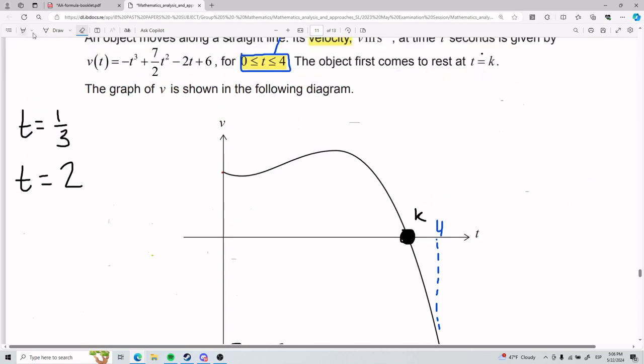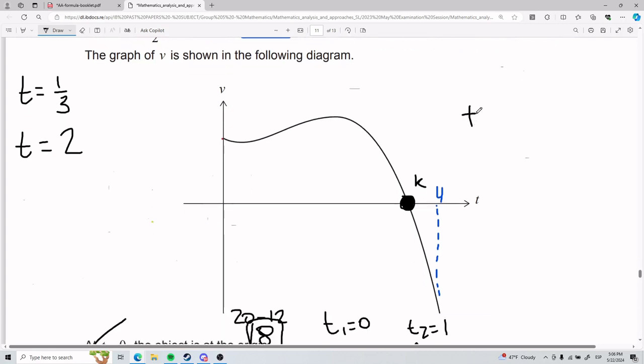And so this also has to do with understanding velocity, okay? You have to understand velocity in different ways when you have positive velocity and when you have negative velocity. When you have negative velocity, think about it as like you're going backwards.